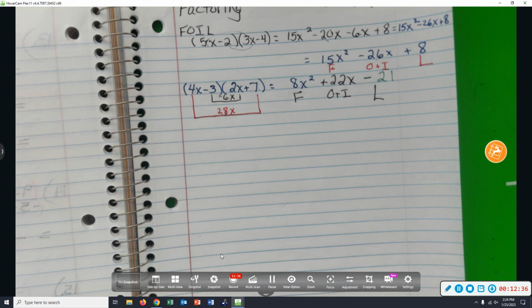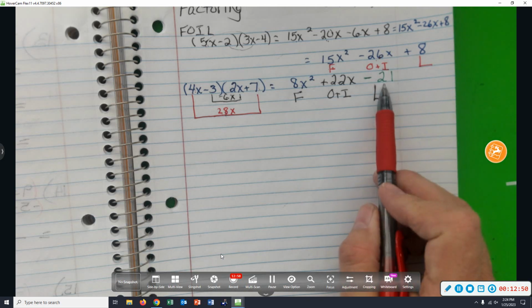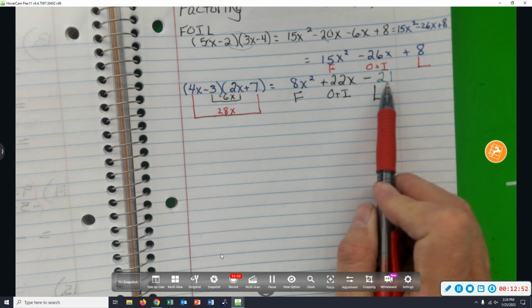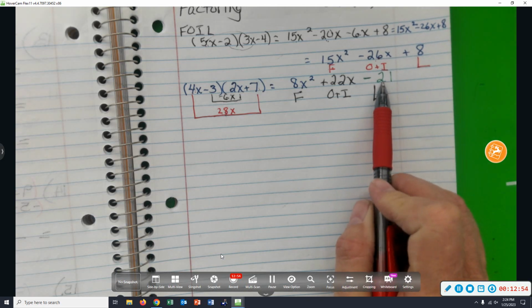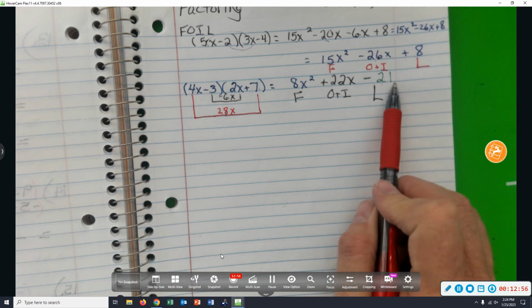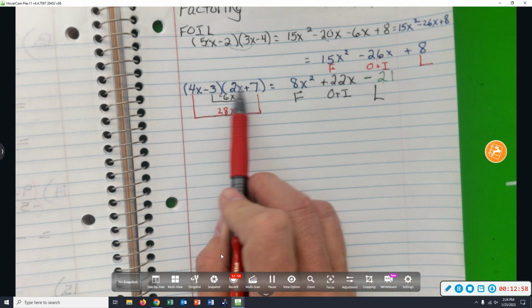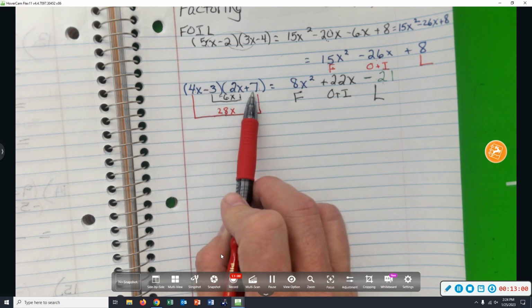Two negatives or two positives, right? What about two numbers that multiply together to give a negative? One of them must be negative and one has to be positive. This 21 here is a negative 21, which means there has to be a plus and a minus in these parentheses.